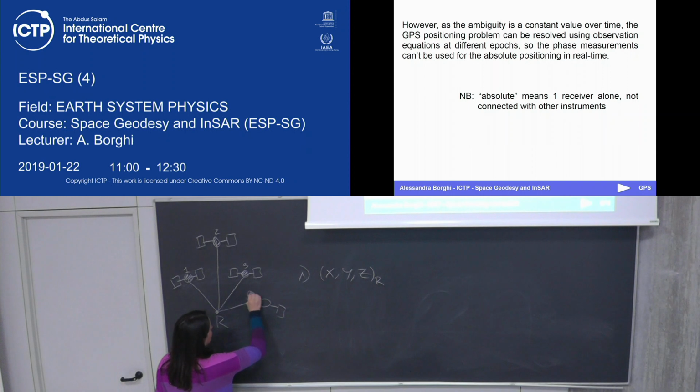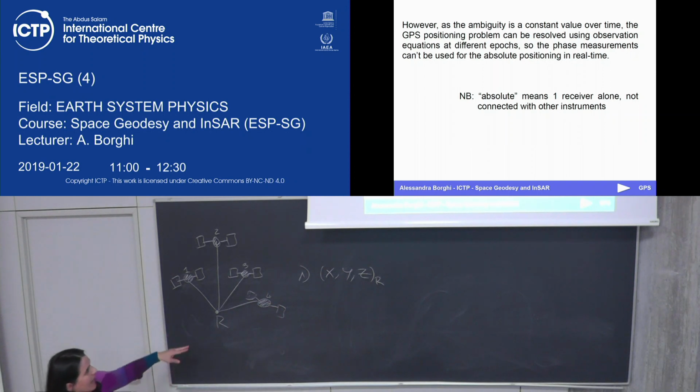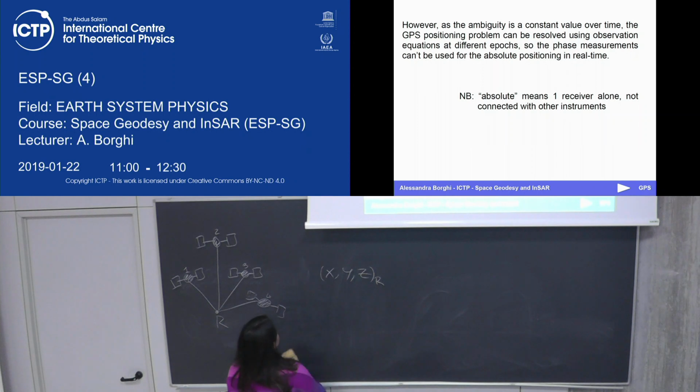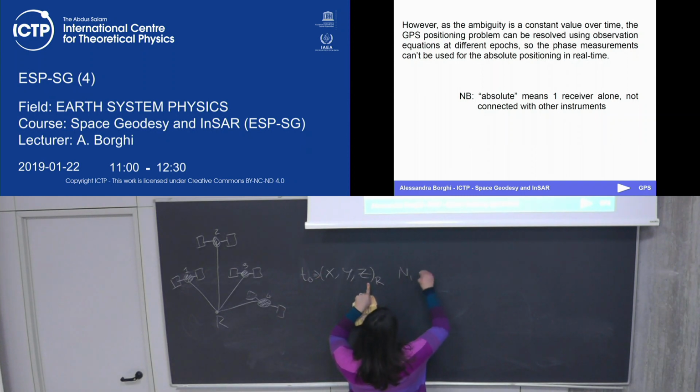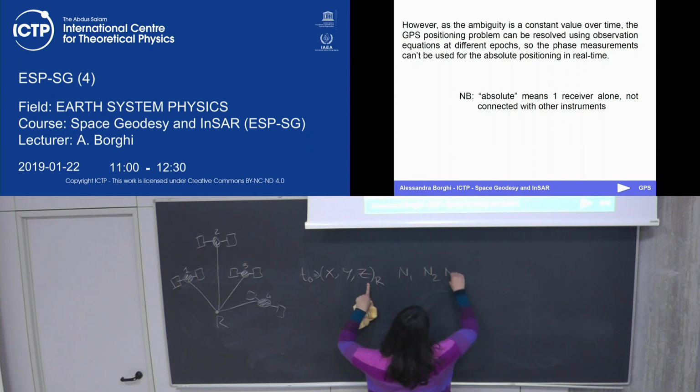These are the solar panels. Okay, this is our epoch t0. We have as unknowns x, y, z, zeta, n1, n2, n3 and n4.